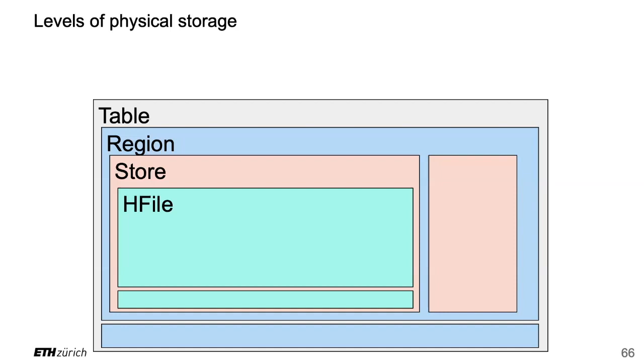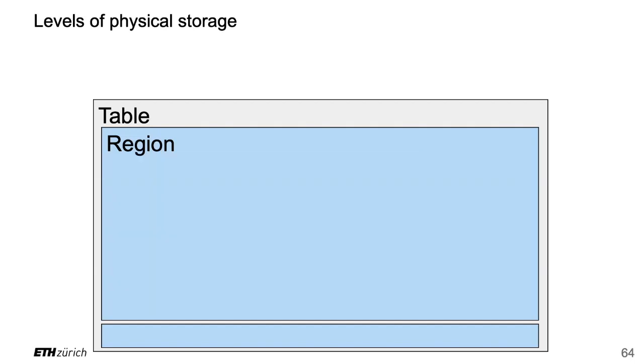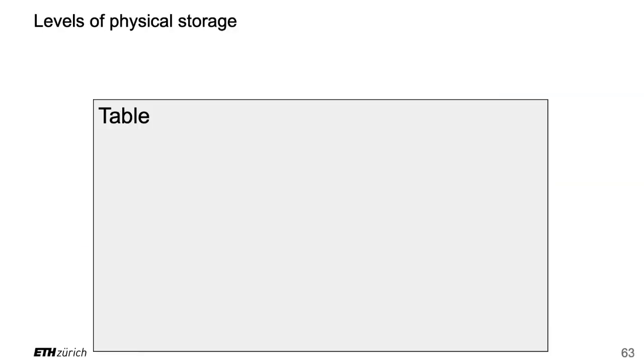Then I have within a store one or more HFiles, right? We looked at the case of one HFile, but there can be more, and I'll explain to you how there can be more. Within an HFile, I have my blocks. What are my blocks? This is what I showed you here, right? These are my zones, right? Here I have 4 blocks.